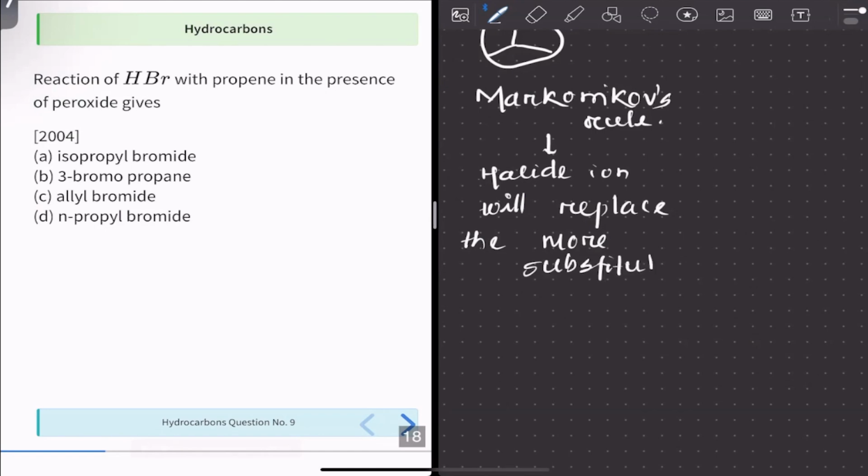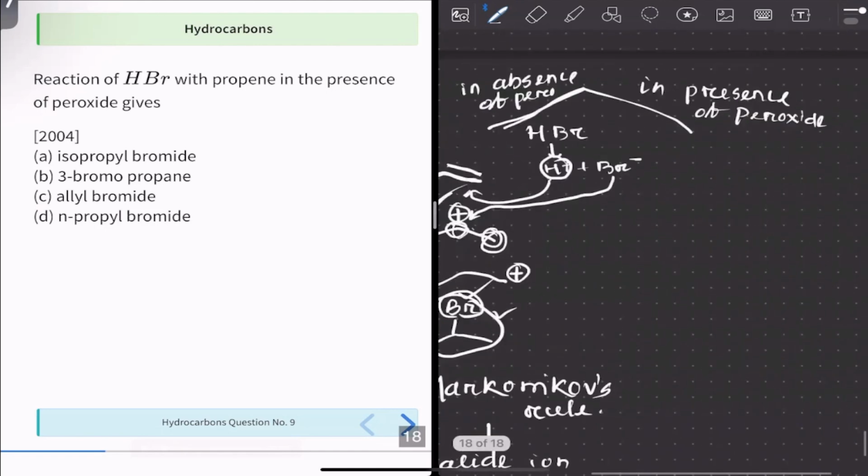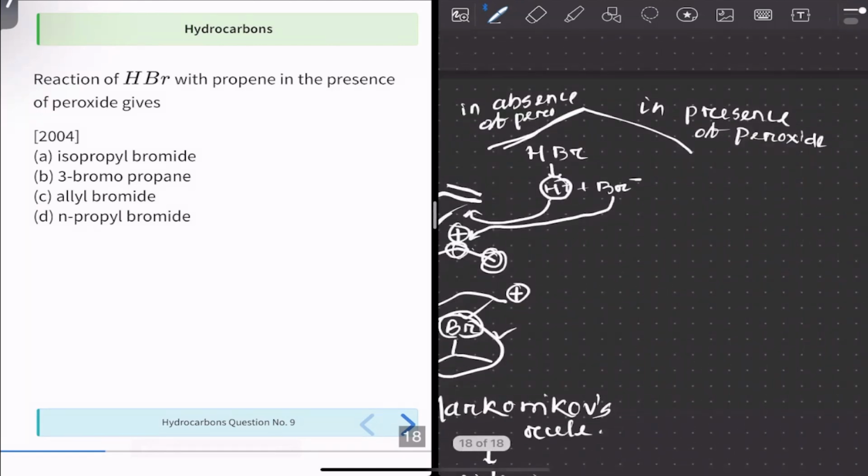In this molecule, this is the more substituted carbon atom, so the bromide ion will finally be placed here. You can use this rule for HBr, HCl, HI without peroxide.